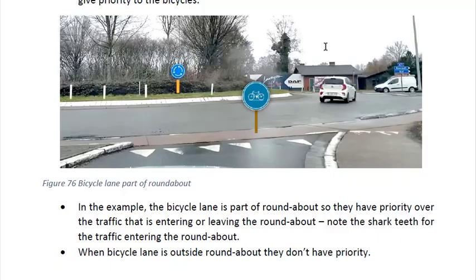So this photo shows an example where the bicycle lane is part of the roundabout. How do you know? Because you see shark teeth before the bicycle lane, which means that the bicycle lane is part of the roundabout. You must also give priority to the bicycles which are riding on that bicycle lane.